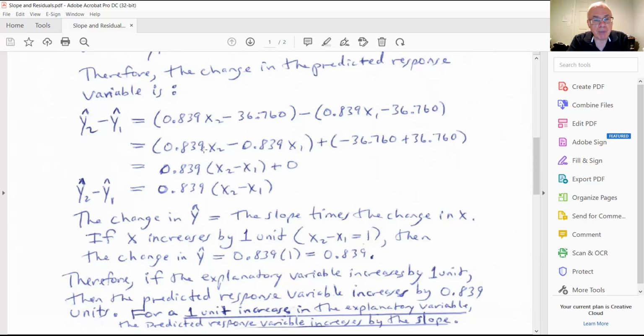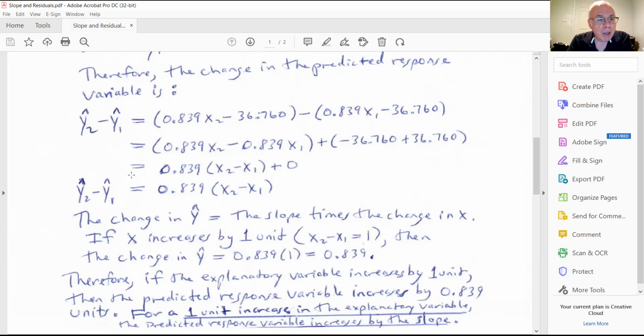And so notice that both of the terms that have the slope in them, we can just simply factor out the slope, and we end up with x2 minus x1, this term here. And then when we add these two numbers up, obviously they go to 0, because we're literally subtracting the y-intercepts. So the y-intercepts will cancel each other out when we subtract the two equations. Y-intercepts disappear.